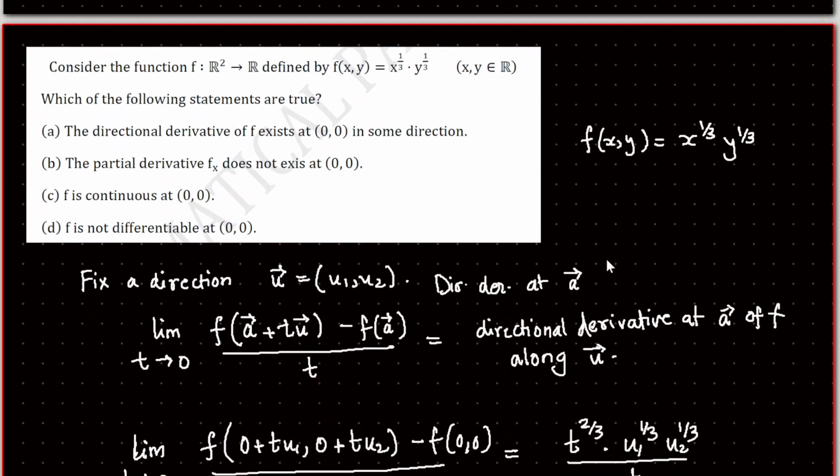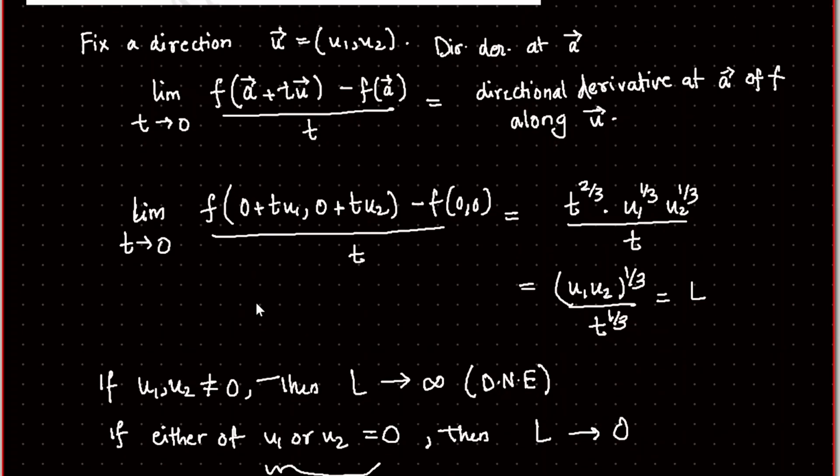So the option says it exists in some direction, which is true because it exists in the direction of the x-axis and the y-axis. The second option says the partial derivative does not exist, which is false because we've just seen that it exists. The third option asks if f is continuous at 0, 0.